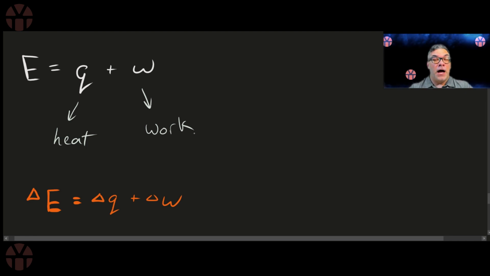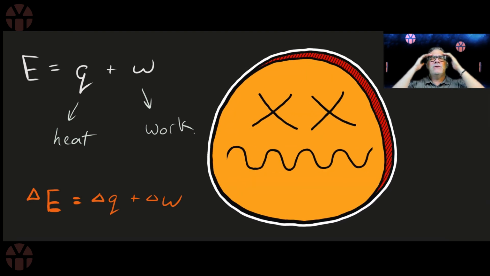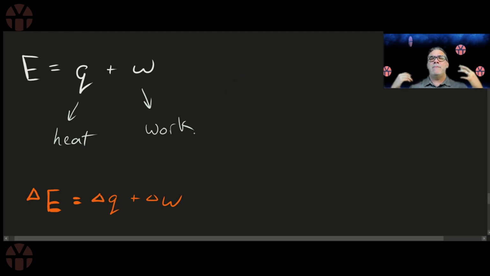When we add up the amount of heat plus the amount of work, that gives us the overall amount of internal energy that the system, object, or reaction contains. You might be listening to all of this and going, but that makes no sense. How can I measure the amount of work in an object or the amount of heat in an object? And I would say you're right.